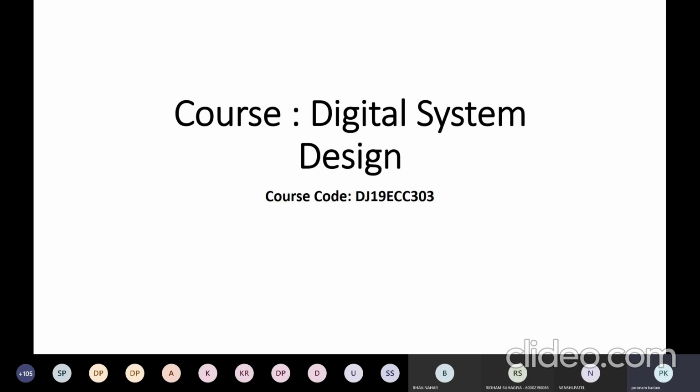If you look at a digital system at low level, the digital circuit consists of a combination of transistors or logic gates, and at high level, it consists of microprocessors or microcontrollers. So in this course, you are going to learn various concepts that will help you in understanding how to build digital circuits.